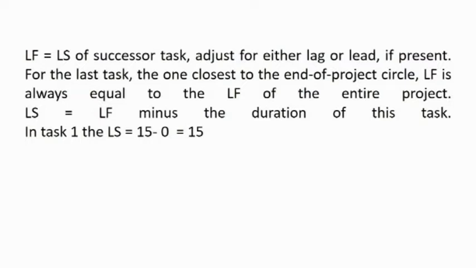Thus, the LS is equal to late finish minus the duration of the task. In task 1, the late start is equal to 15 minus 15, which is equal to 0.